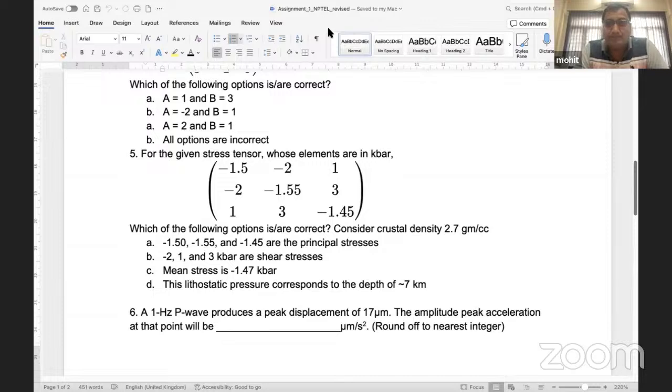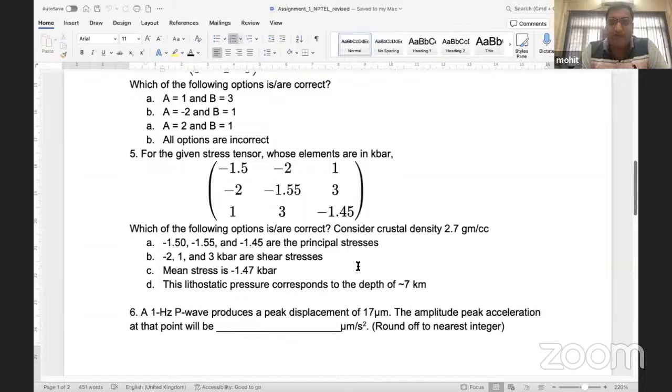So if you look at option A, minus 1.5, minus 1.55, and minus 1.45 are the principal stresses. When we rotate a stress tensor into a coordinate system where all the shear stresses are zero, the elements along the diagonal are the principal stresses.